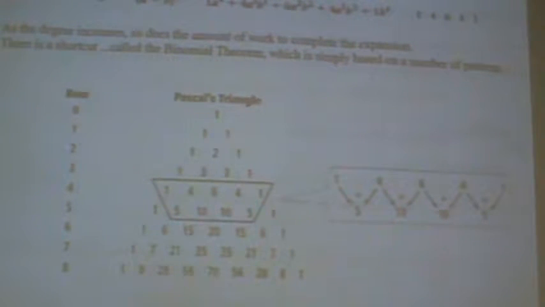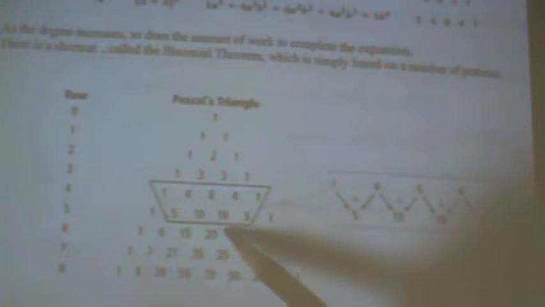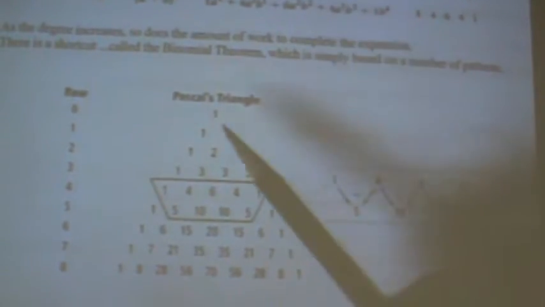Now, Pascal's triangle will give you your coefficients for your binomial when you're expanding. So if we look at Pascal's triangle and our examples up above here, we have row 0, which would be like taking something to the 0 power, and our coefficient is 1.